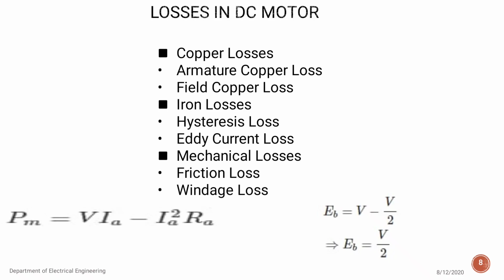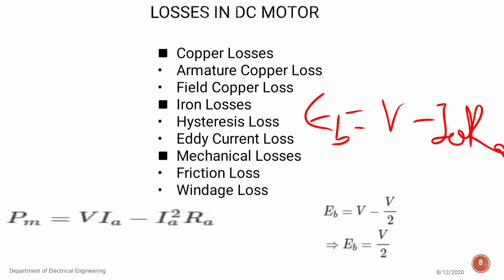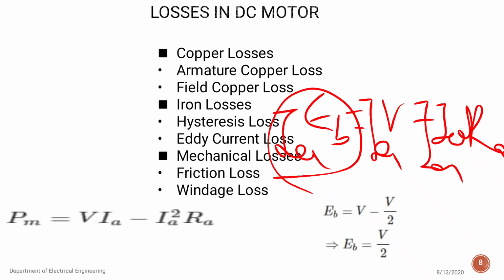I think you will remember that equation. When we multiply by Ia on both sides of the equation, it becomes EbIa. EbIa means our mechanical power.